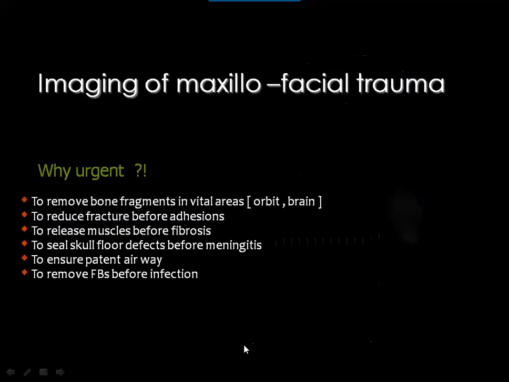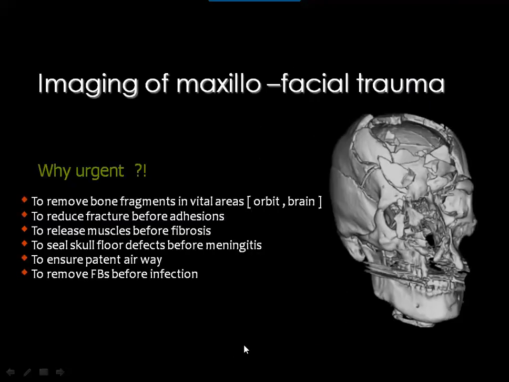as I will mention. Then what is the aim of imaging? I have mentioned to look at the fracture sites to assess orbital pathology, injuries, and intracranial abnormalities. And is imaging of maxillofacial trauma urgent or not?